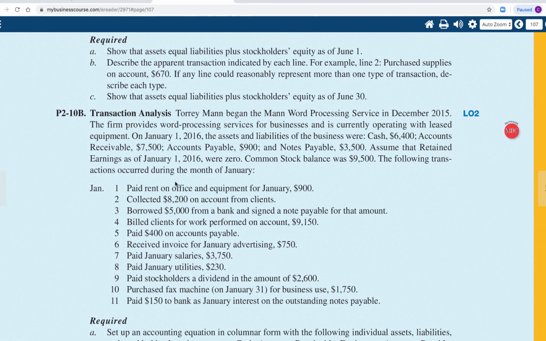So the first one we have: paid rent on office and equipment for January, $900, okay? As we're reading these economic transactions, first thing we need to do is recognize what two accounts we're hitting. That's number one.